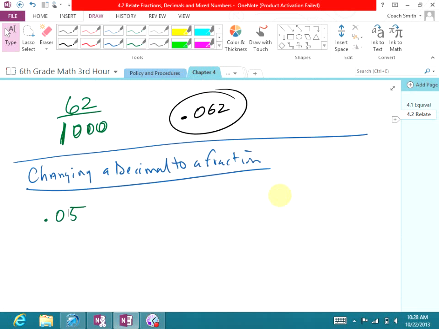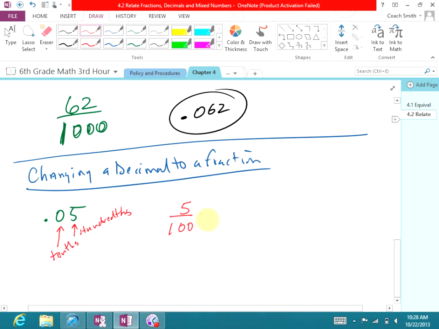Now, let me make sure that they're going to require you to... Yes. All right, now, so the first thing is we have to identify our place value. We have the tenths, and then we have the hundredths. So that is 5 over 100. Now, you are not finished.